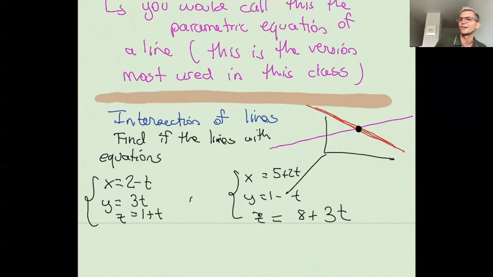I don't know if anyone can think of what could go wrong if you just do that right away. Anyone can see a problem? Well, the X, Y, and Z are different for the two of them, right?